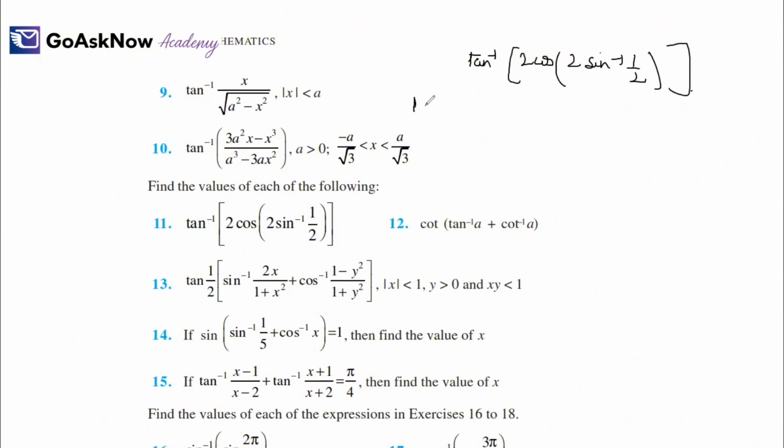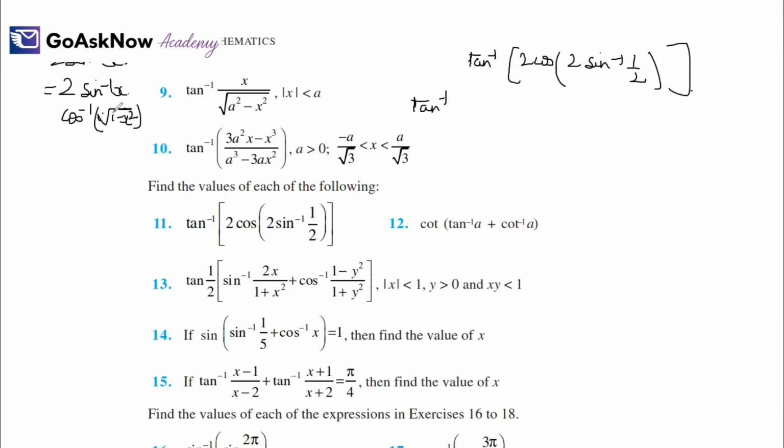So apply the formula for 2 sine inverse x. It is 2, and sine inverse x and cos inverse of root 1 minus x square. Okay, this is your formula.